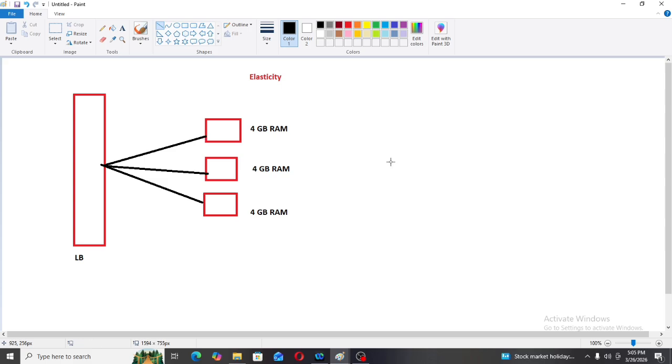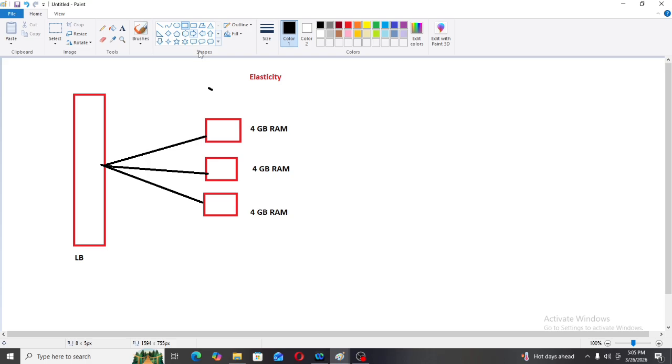Now Flipkart has three servers, and on Friday there is a sale on Flipkart, that is the big billion sale. So on Friday there might be much traffic on these servers, so Flipkart has to increase the servers. Let's assume we have increased these servers on Friday. We made 5 servers.